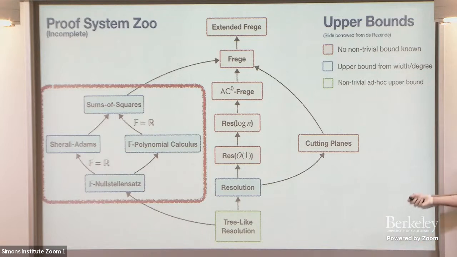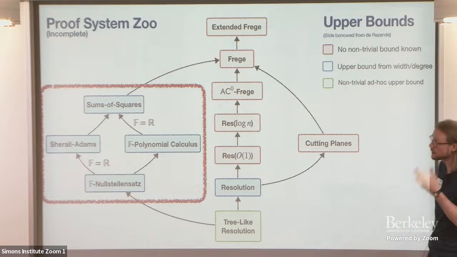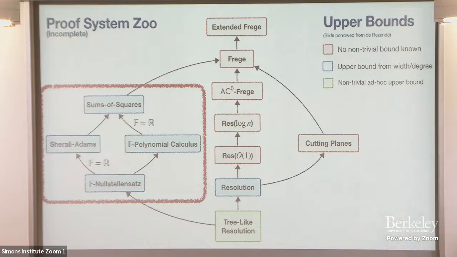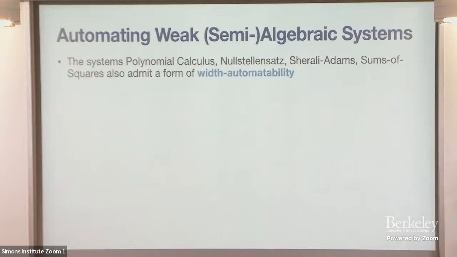So let's move on to talking about some of these algebraic systems that Albert mentioned in his talk. I'm not going to go into great detail because I don't want to spend the time to define them. But let me just say that these algebraic systems also admit a form of this width automatability that we saw a second ago.